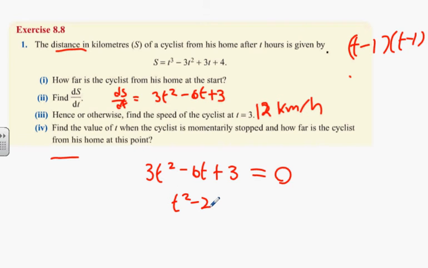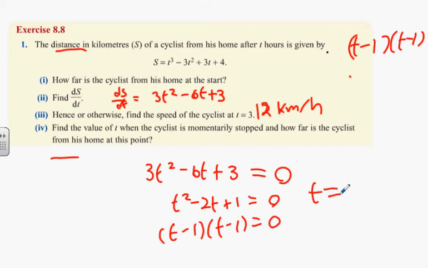Put 1 in for t. On which equation though? The first one. The very first one gives you distance. So you replace 1 for t, so you get 1 cubed minus 3 times 1 squared plus 3 times 1 plus 4. But as it turns out, we already know it. After 1 second, when your speed temporarily stops, you're 5 meters away from home.